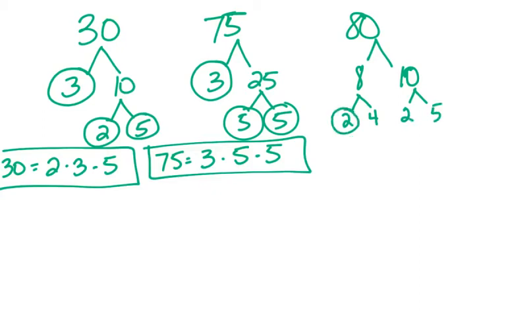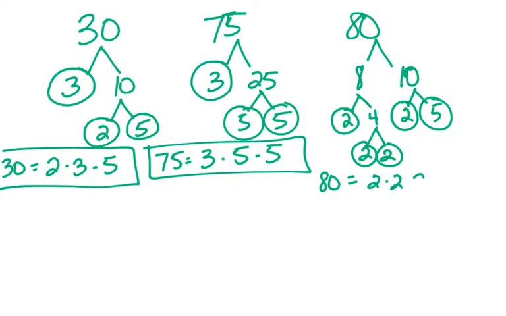So this 2 got us as far as we can go. But this 4 can break down into 2 times 2. So we're collecting a lot of 2's here. This 2 was the end of our branch, and this 5 is the end of a branch. So our 80 gives us 2 times 2 times 2 times 2 times a 5.